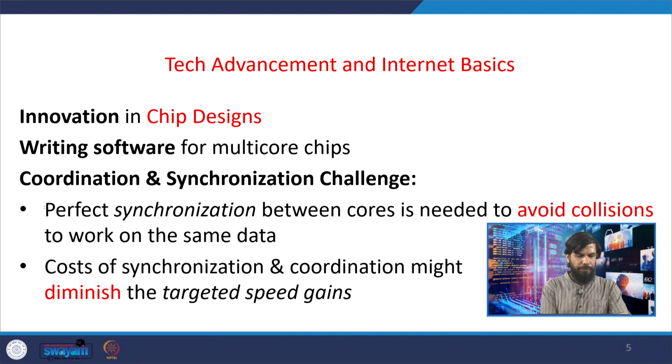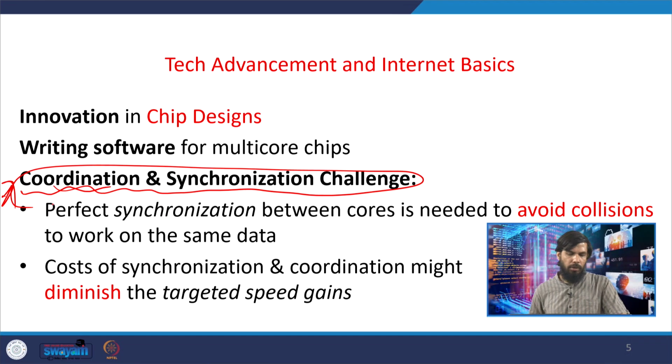Moving forward, even if the algorithm can be rewritten to take advantage of multi-core architectures and some parallelization in the algorithmic steps is possible, there is another challenge that we refer to as the coordination and synchronization challenge.